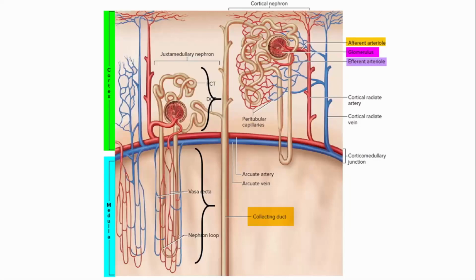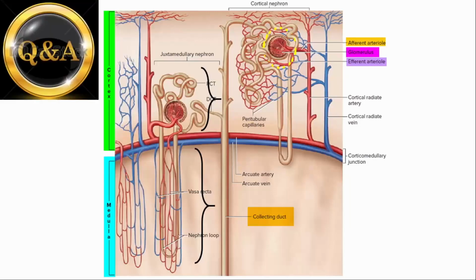And if we look at this renal corpuscle, the loop of Henle must dip down into the medulla, but only a short segment of it is in the medulla, while this glomerulus is nearer to the medulla, and a large part of the loop of Henle is present in the medulla.